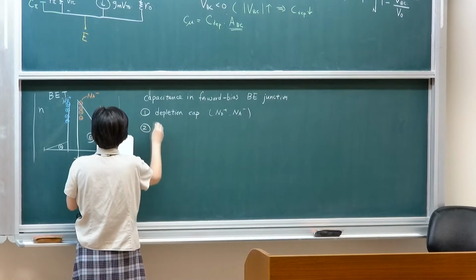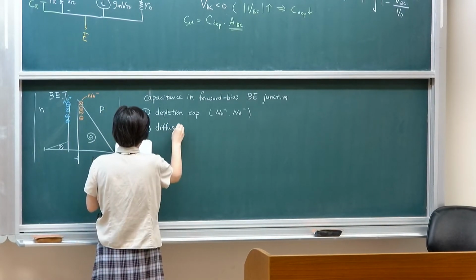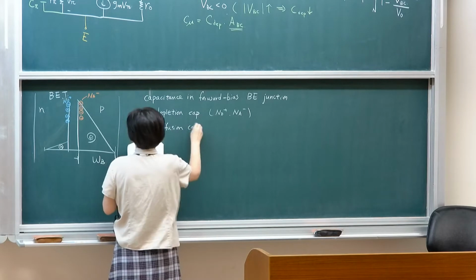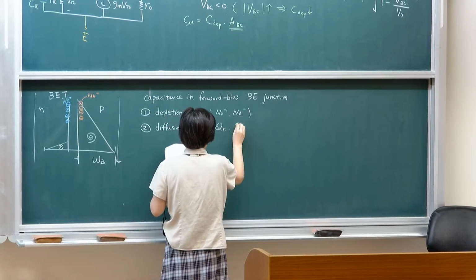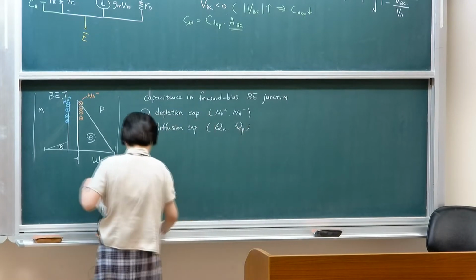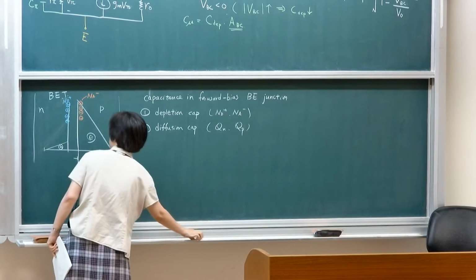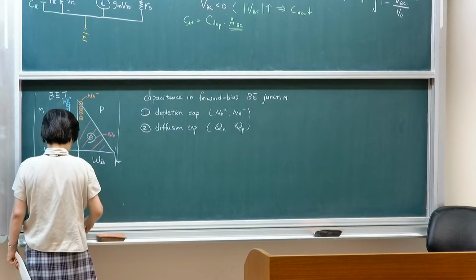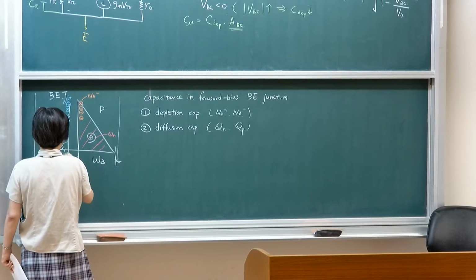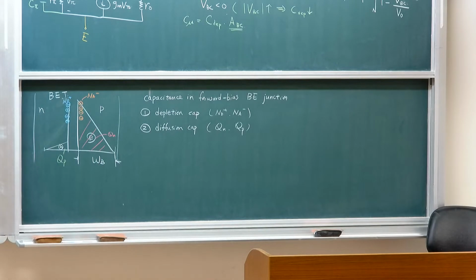And then we'll have an additional capacitance called diffusion capacitance, which depends on Qn, Qp. So where's the Qn? These are the Qns. Typically we only look at one side. We're going to talk about that a little bit.